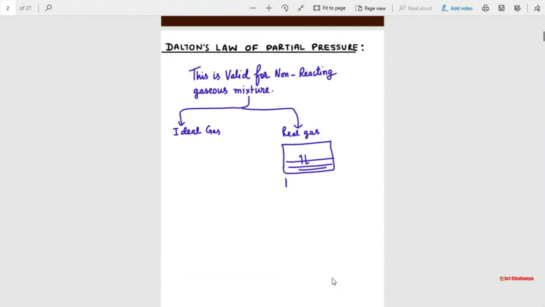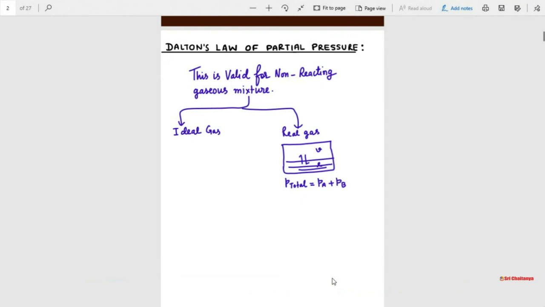So we write that the total vapor pressure of the liquid mixture is equal to vapor pressure of component A plus vapor pressure of component B. Since A and B both are present in liquid as well as vapor state, we can say that this Dalton law is valid for real gas as well as ideal gas.